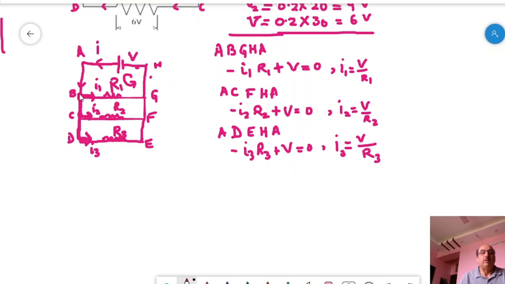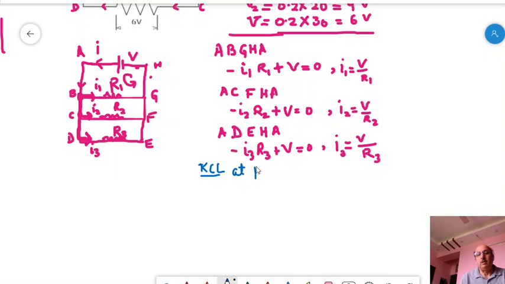Now we have the point B. At point B, we are using Kirchhoff's current law, the first one.